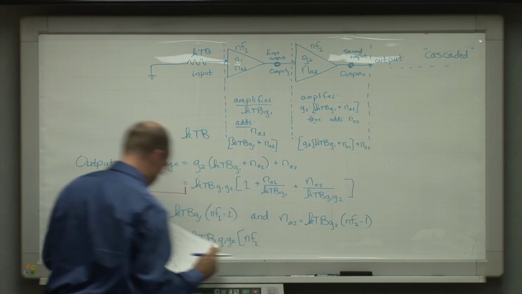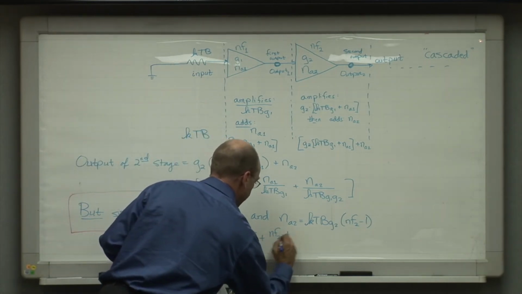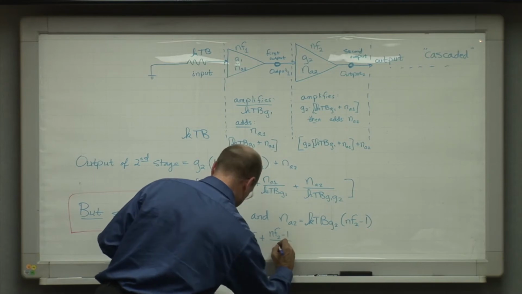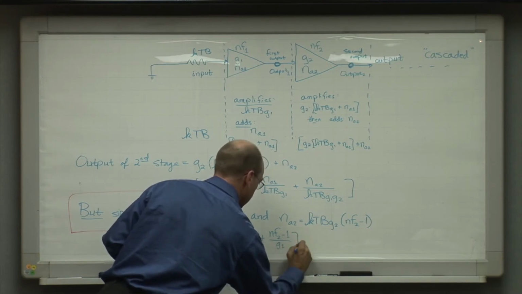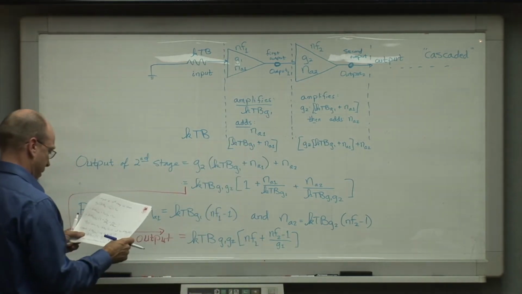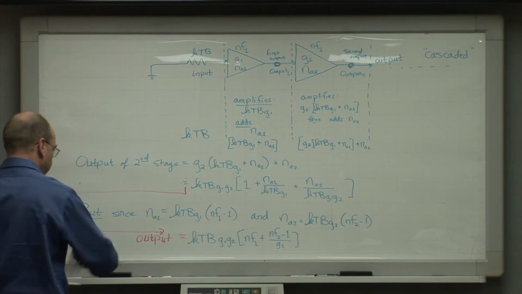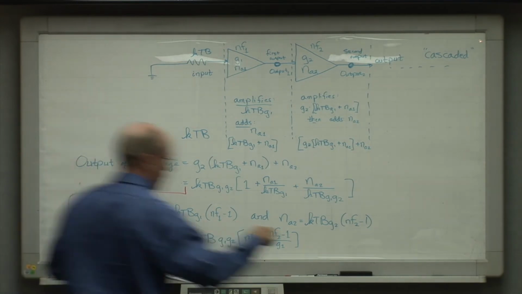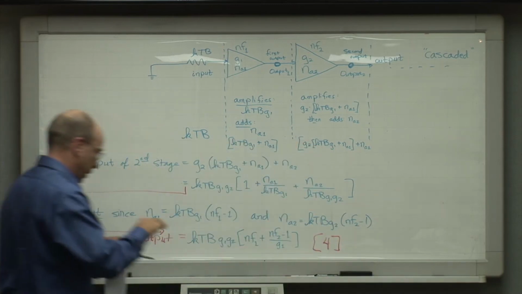Times noise figure 1 plus noise figure 2 minus 1 divided by G1. Right, there we go. I'm just checking to make sure that's right. Yeah, okay. So all we've done is algebra. And make this equation 4 right there.